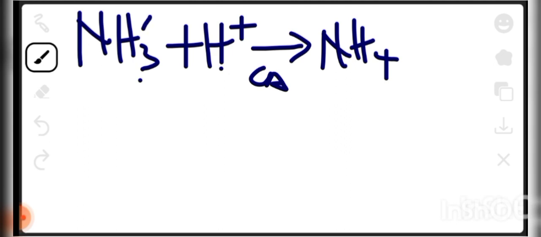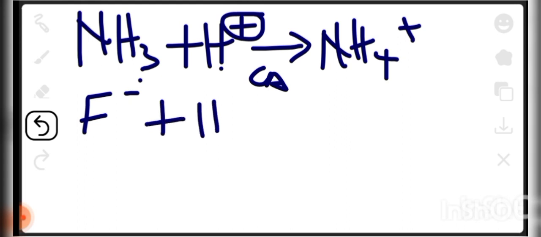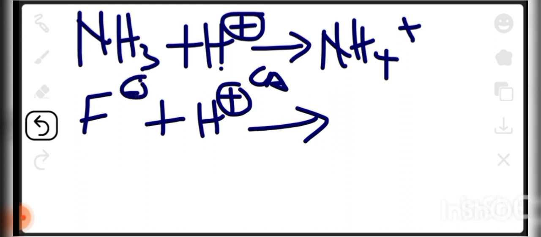Then remember, there's no sign here, so this plus will still remain. There's nothing that can cancel it. Now the conjugate acid of F minus. You just add H plus to it. So this minus and this plus will cancel out. So we have HF left, which is hydrogen fluoride.